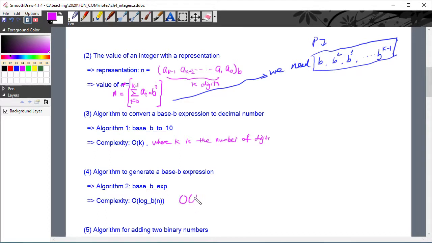Let me write this here, maybe this is more clear: log base B of n. You can actually also skip the base B and just use log of n, because log base B of n equals log base 2 of n divided by log base 2 of b, and log base 2 of b is a constant.